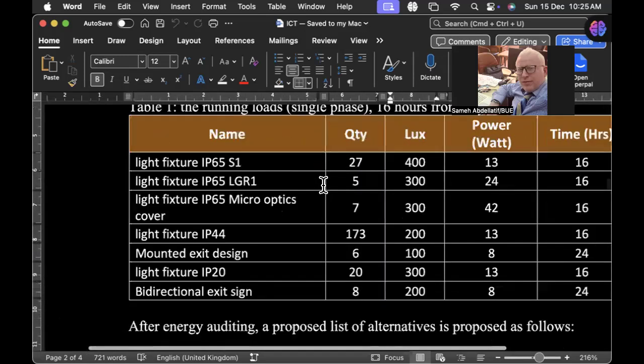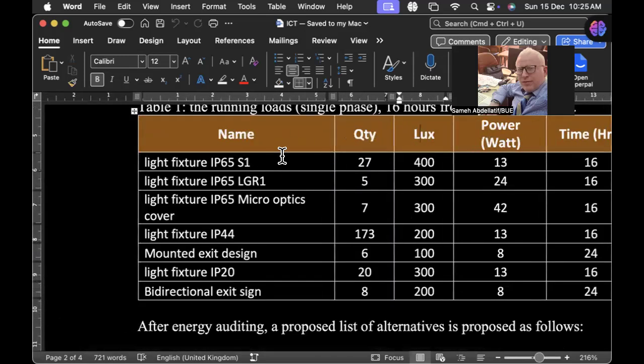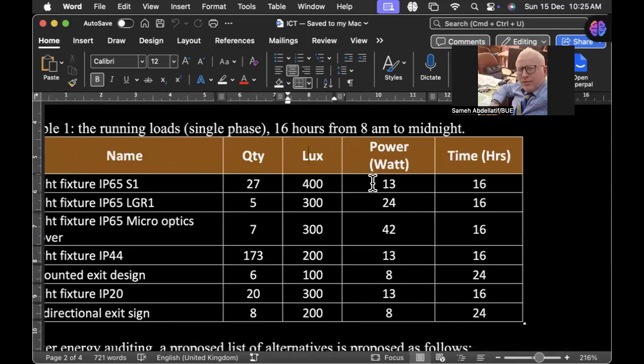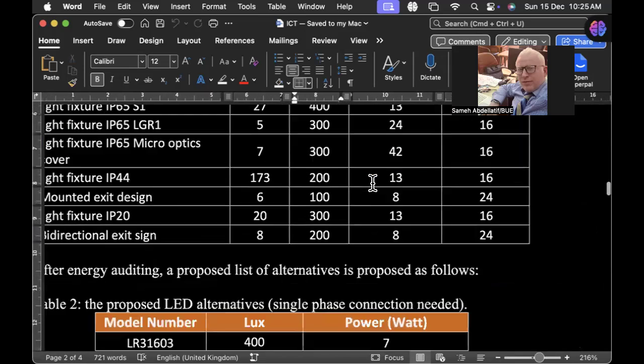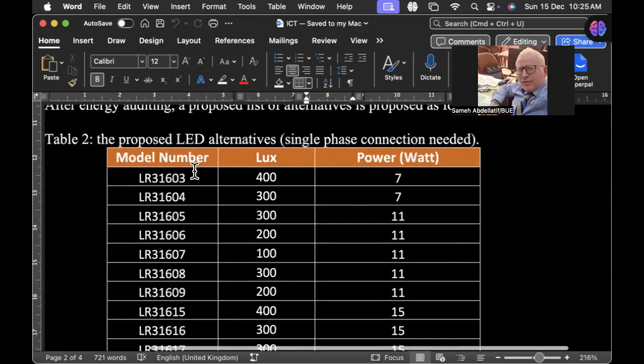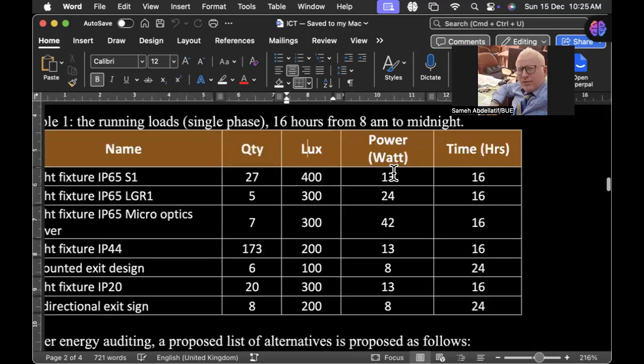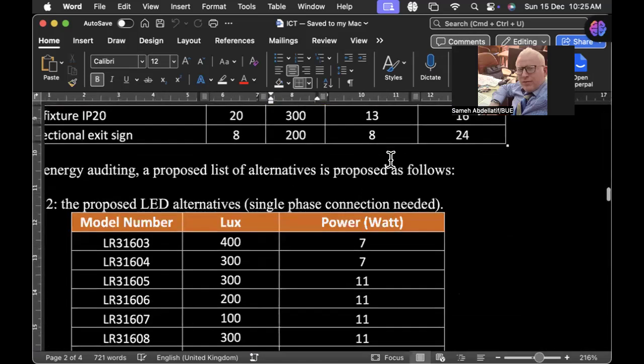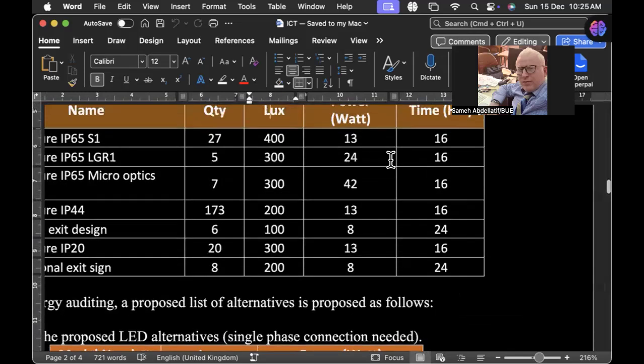So, for example, if you compare this IP65S1 with 400 lux and 13 watt per unit, you can find that we have another alternative, which is an LED alternative with still 400 lux, but only 7 watt per unit. So here, what you can see is that we reduce 5 watt per unit with 27 unit replacement.